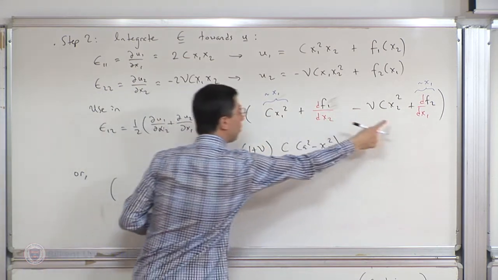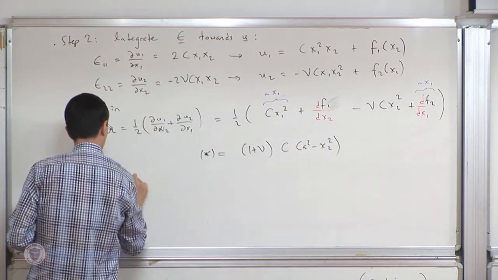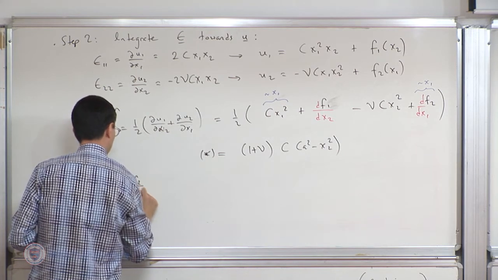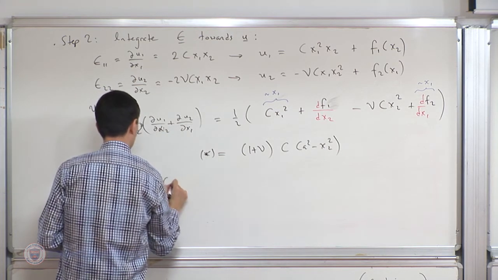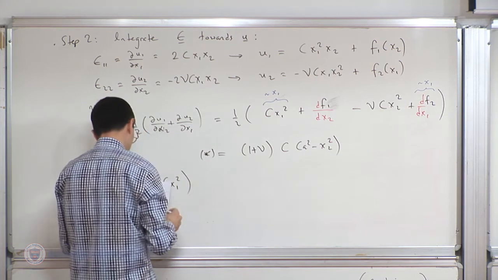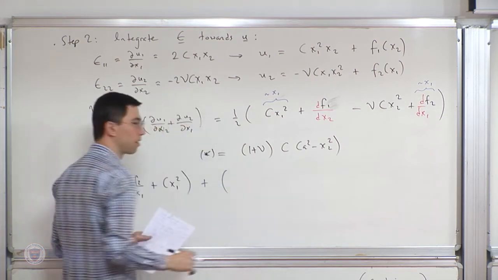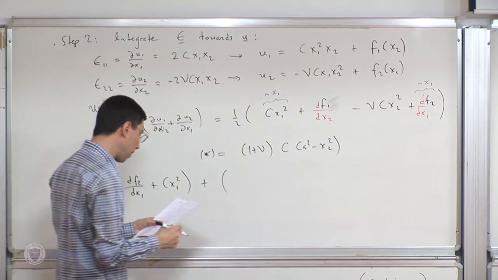So first the x1 ones, that and that: df2 over dx1 plus c x1 squared, plus, okay, group together everything that remains.